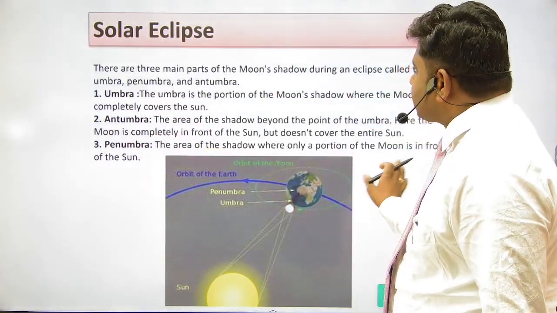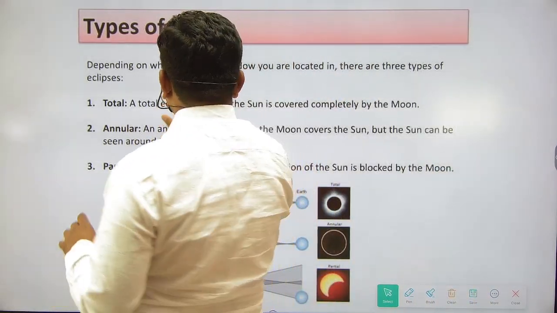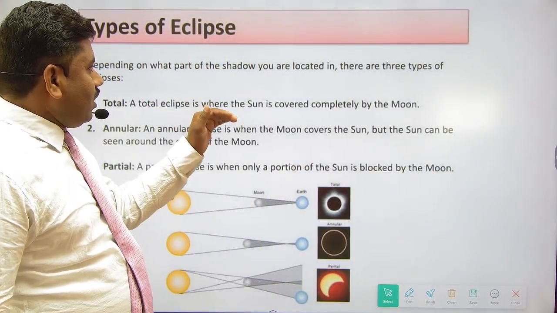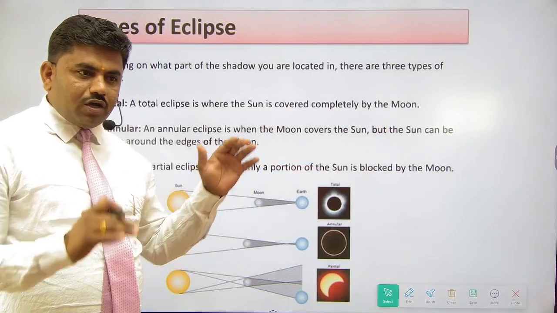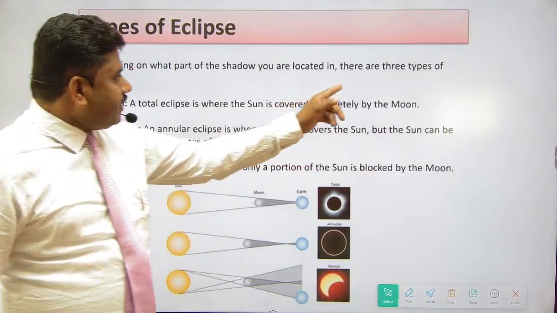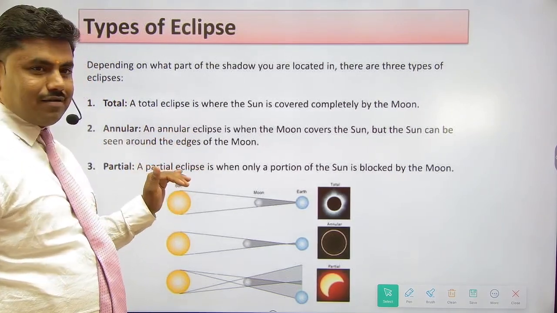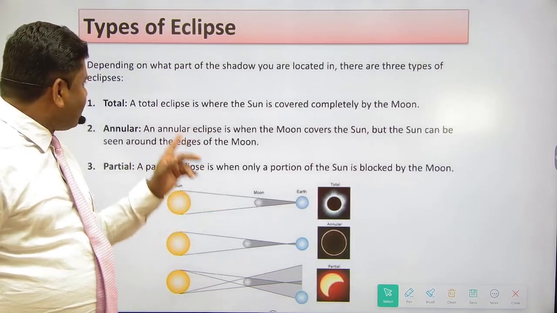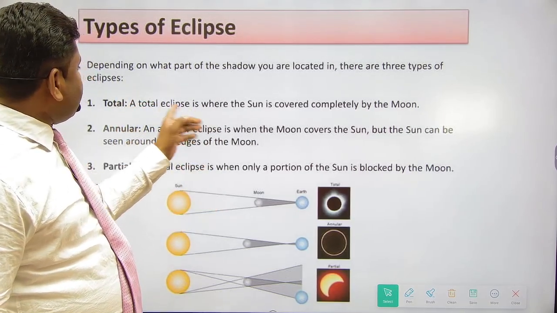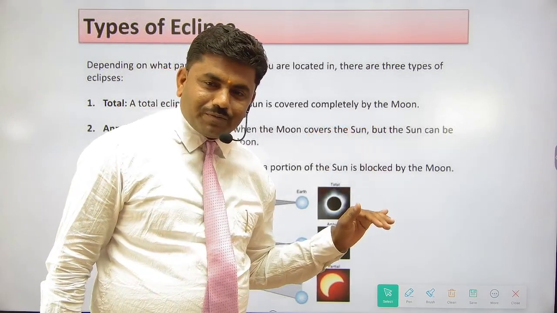Now see next, types of eclipse. Depending on which part of the shadow you are located in, there are three types of eclipses. The first one is total, the second is annular, and the third one is partial. A total eclipse is where the sun is covered completely by the moon.